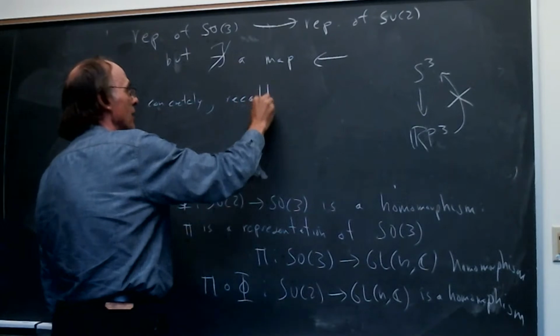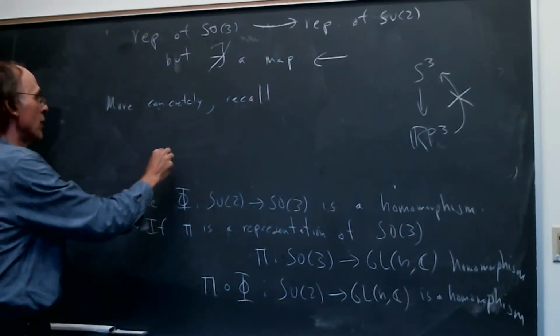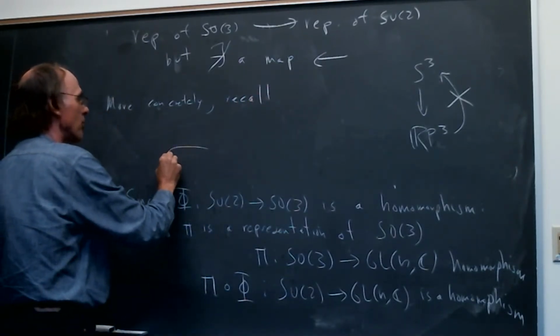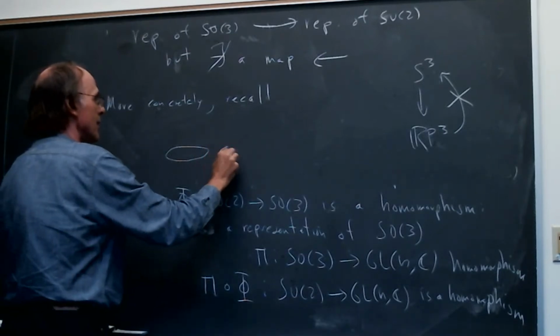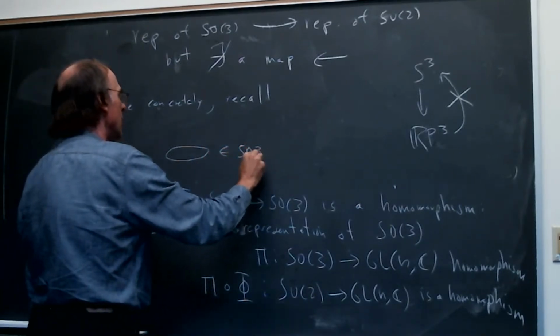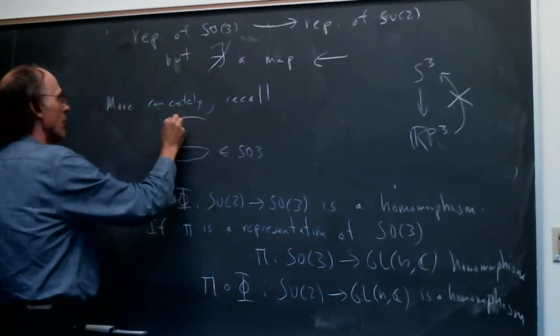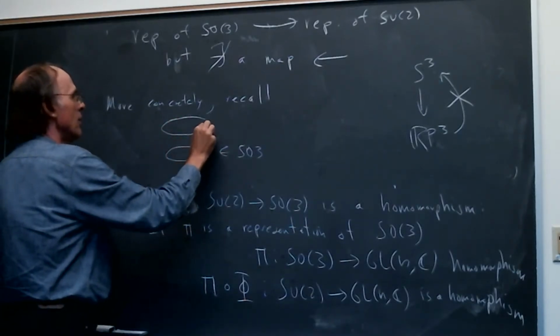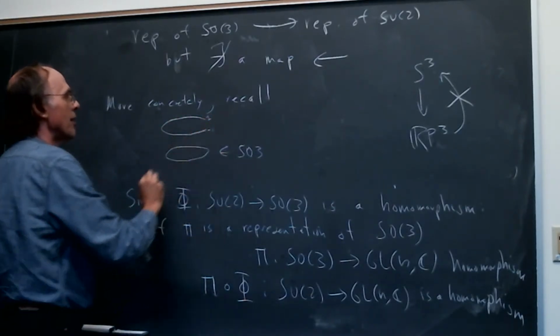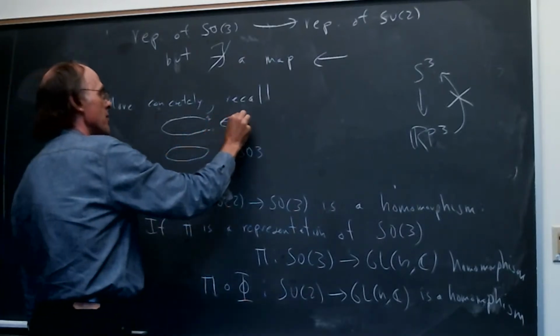Recall this picture I tried to draw before. If you go around a loop down in SO3, you go from 1 to -1 in SU2.